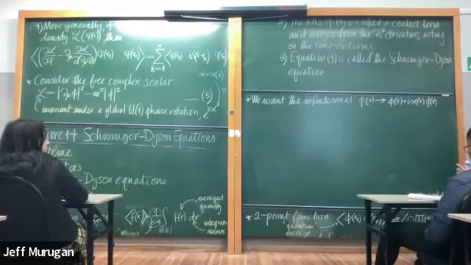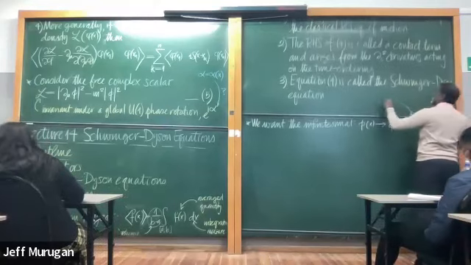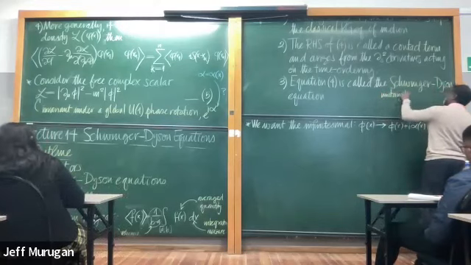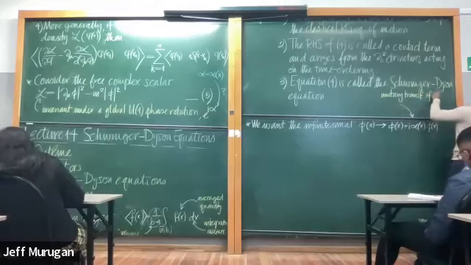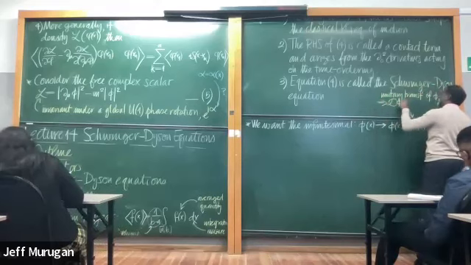And it also means that under this transformation, the integration measure is invariant. This is important. So this unitary transformation of fields leaves the integration measure invariant.